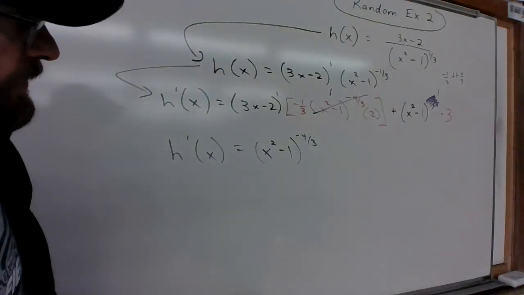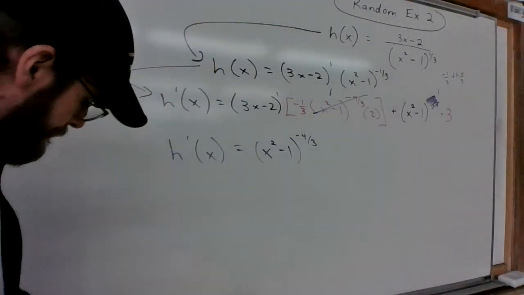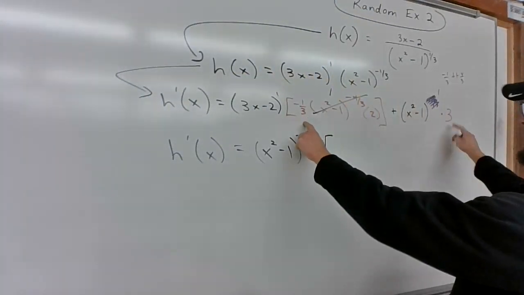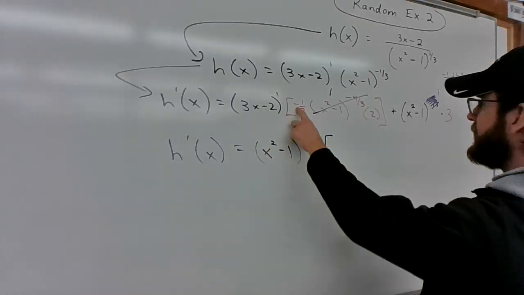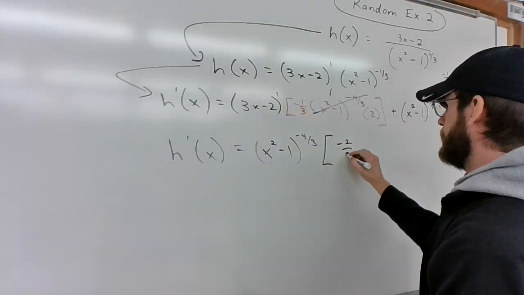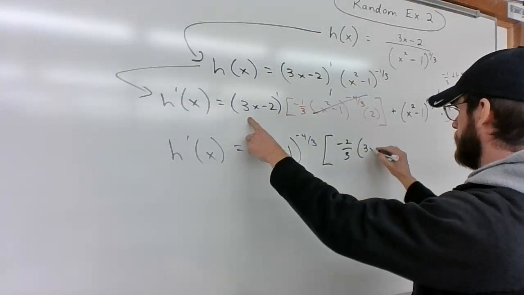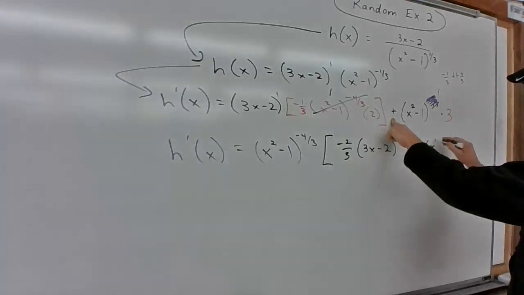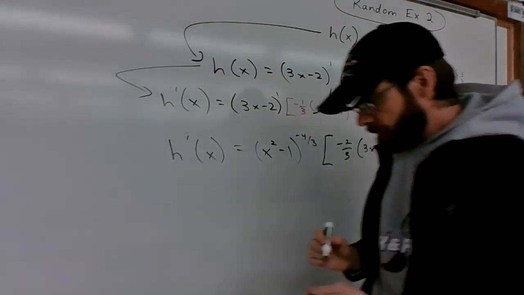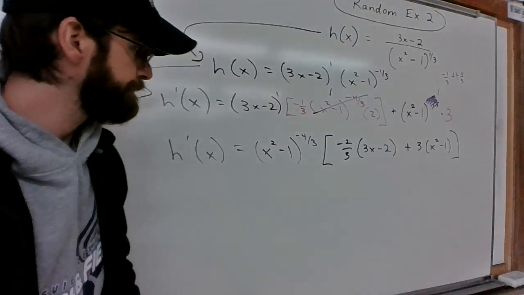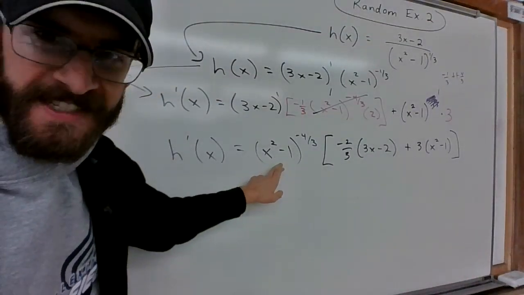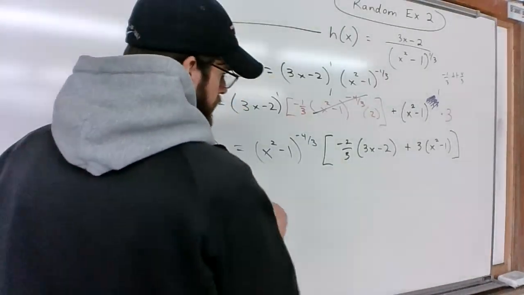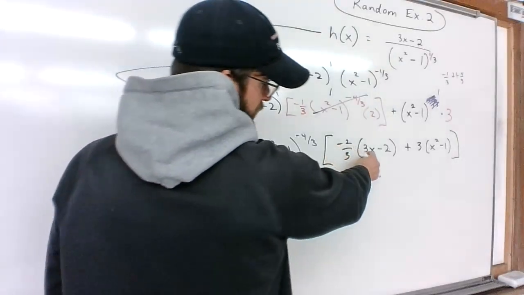So now I think we're pretty much ready to simplify inside the brackets. I don't believe we can take anything else out of this. So you've got negative 2/3 times 3x minus 2, and you're adding 3 times x squared minus 1. So all we got to do now is the algebra. And then sneak this guy to the bottom and make him a positive exponent. So the algebra is going to be negative 2/3 times 3x.